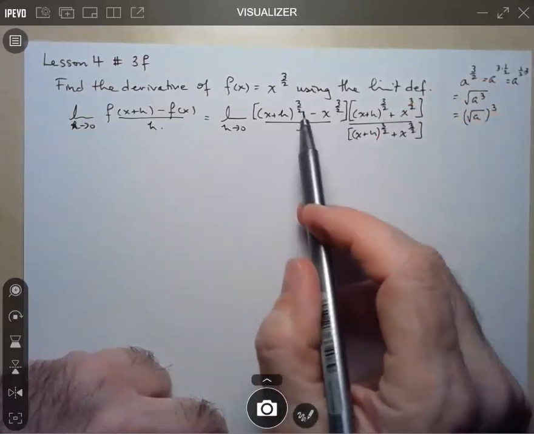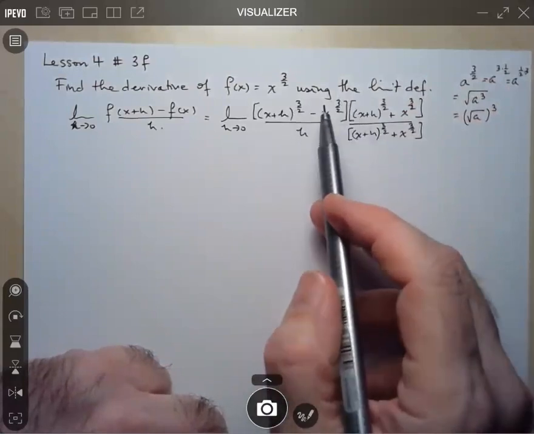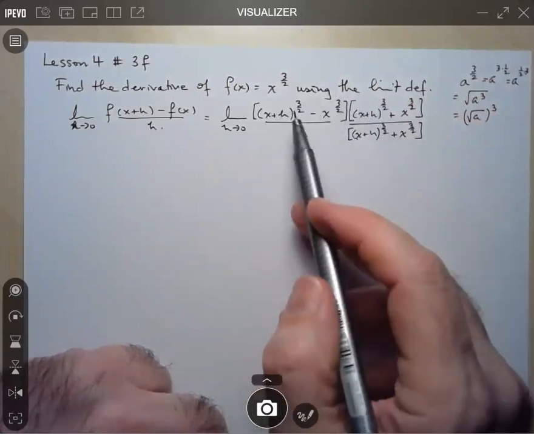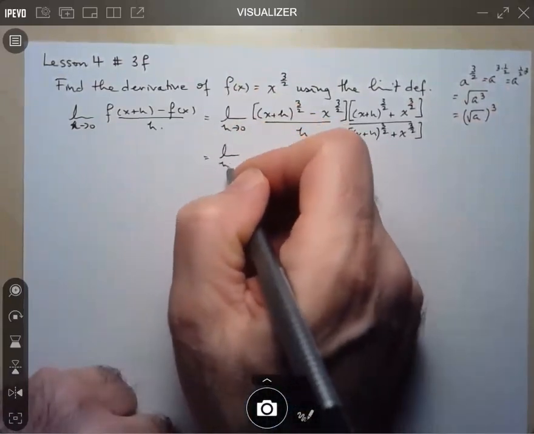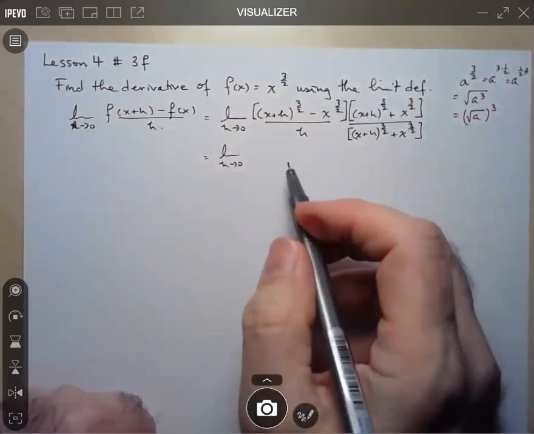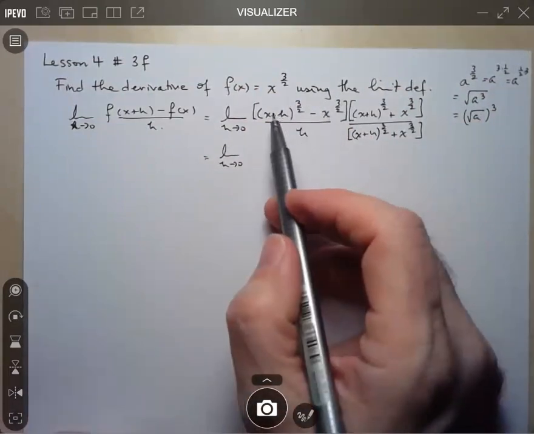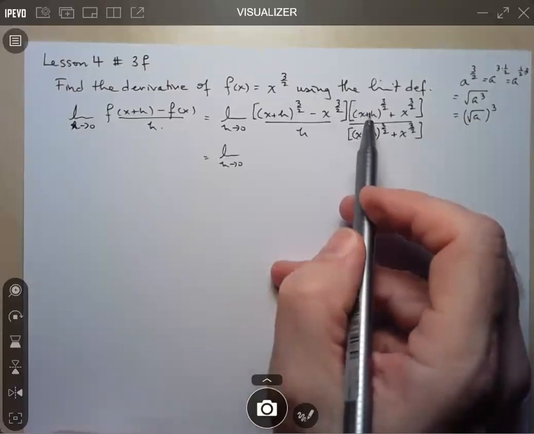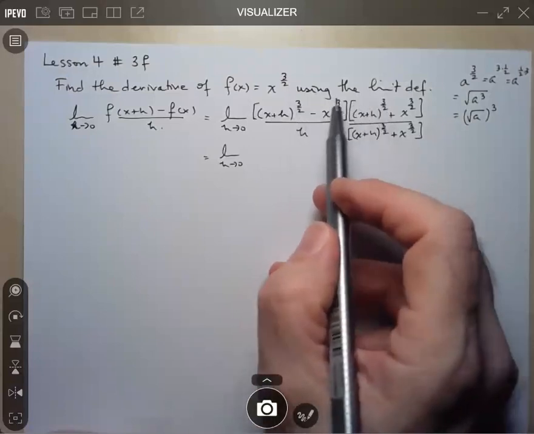Now, because I've got these conjugates being multiplied, I know that the middle terms are still going to cancel out. So it's still going to accomplish that portion of it, but it's also going to accomplish the goal of getting rid of the square root, because when I multiply x plus h to the 3/2 times x plus h to the 3/2, these are the same base. I'm multiplying, so I can add the exponents.